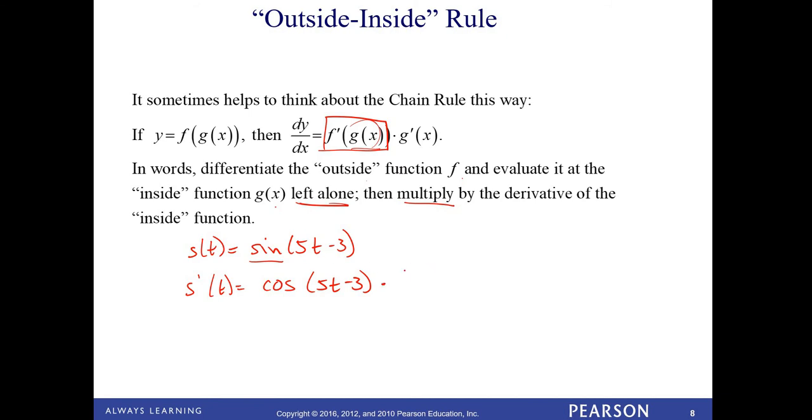The derivative of 5t minus 3 is 5. So I end up with the same answer. It takes a few less steps, but it also takes a little bit more thinking. It's not quite as concrete and broken down. So we're going to talk about doing this both ways in class. At some point you will come to a decision as to which way is best for you.